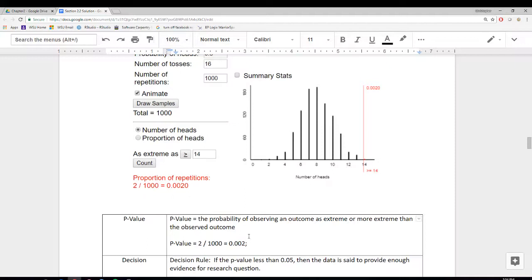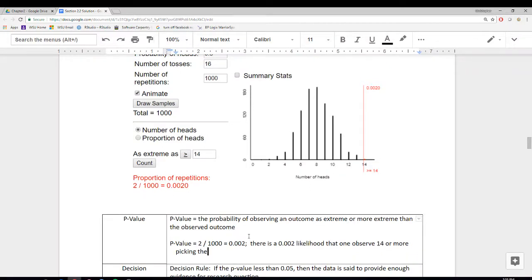Or if I were to ask for an interpretation of this value, there is a 0.002 likelihood that one would observe 14 or more picking the helper toy under a situation of no preference.